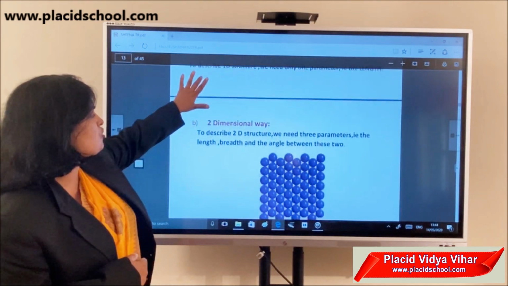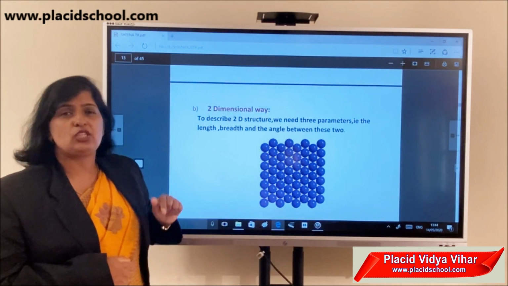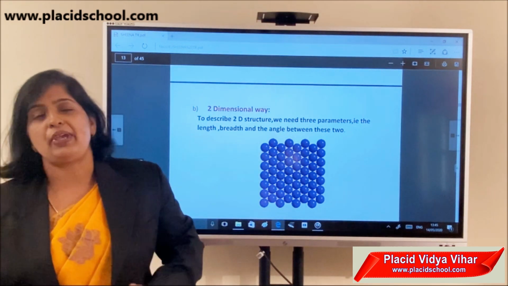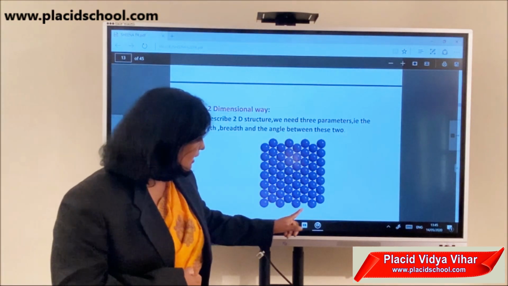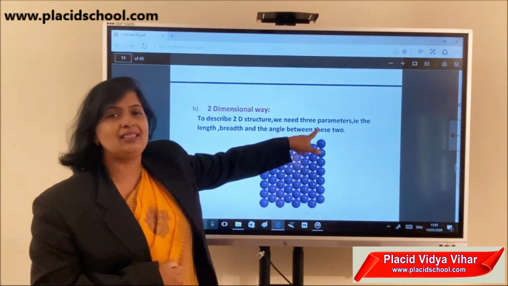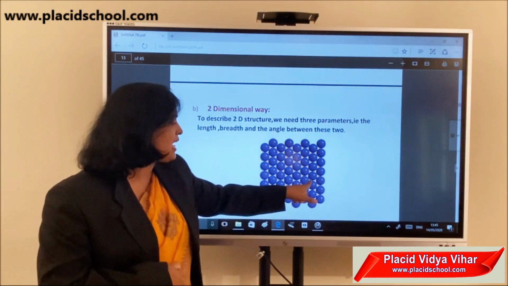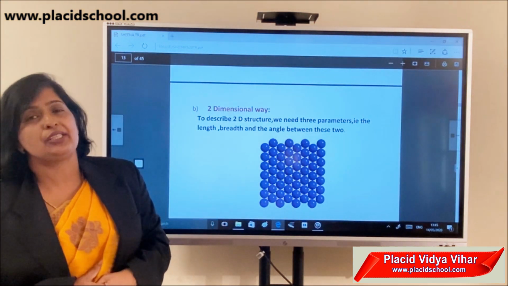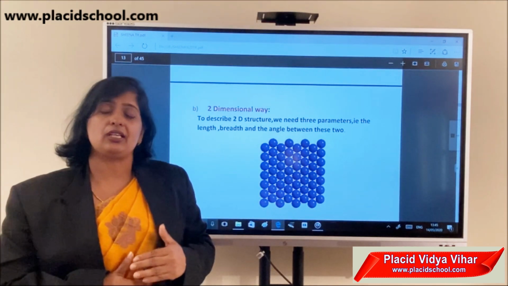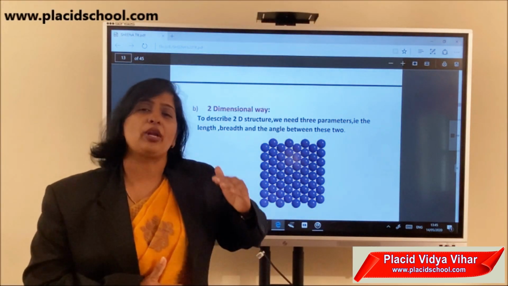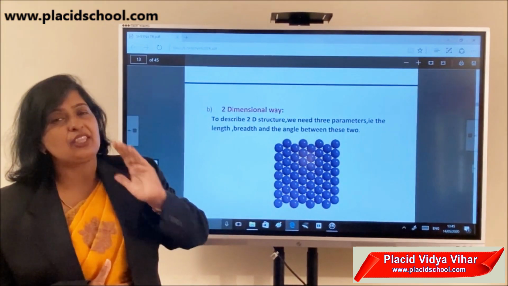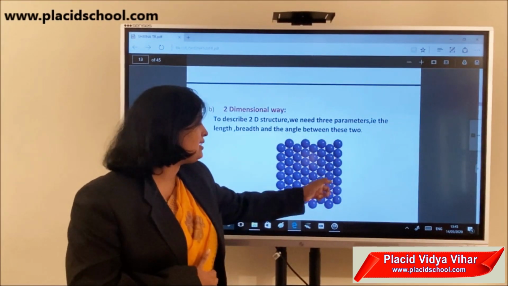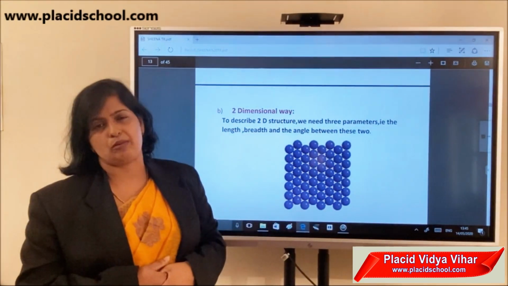Another type of representation is two-dimensional way. For representing a two-dimensional substance, we need three parameters. One is the length, another one is the breadth, and the third one is the angle between length and breadth.